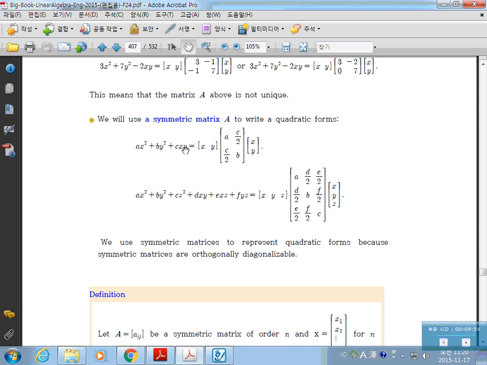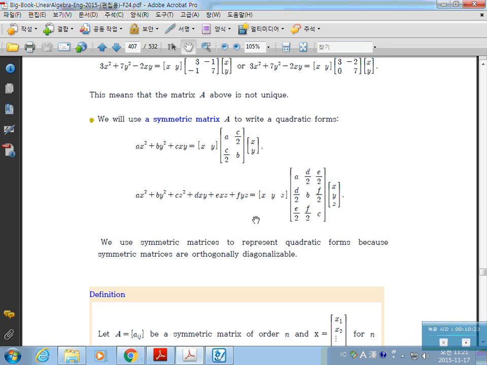If you have a CXY term, then A and B go there, and C over 2 and C over 2 can be written in this way. These are all two-variable quadratic forms. You can rewrite everything with D over 2, E over 2, F over 2 here, like this.